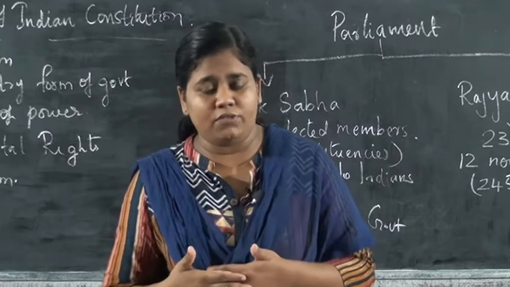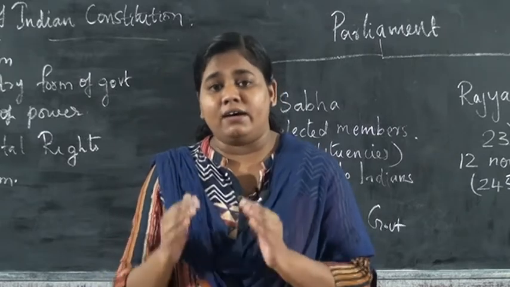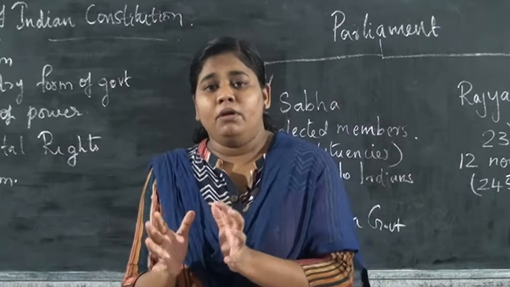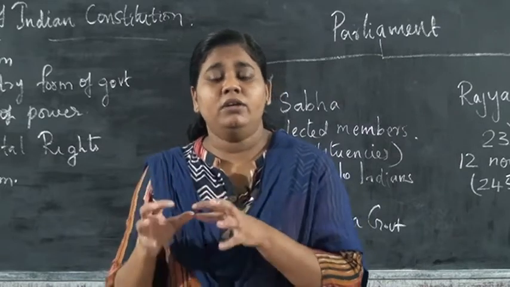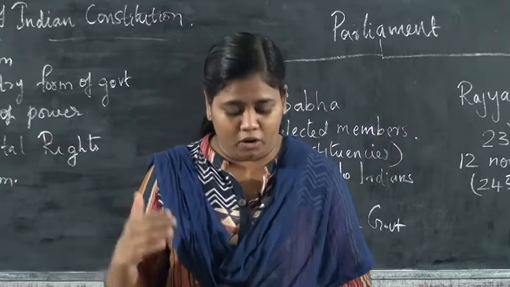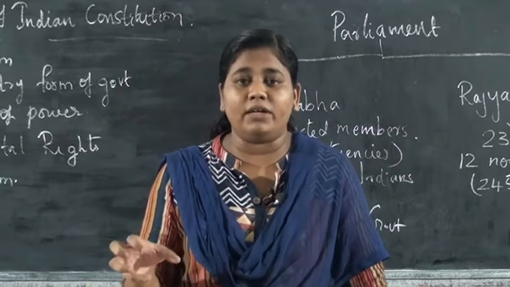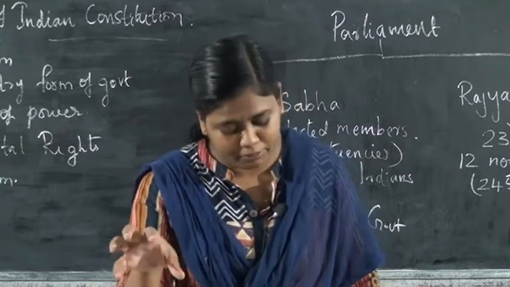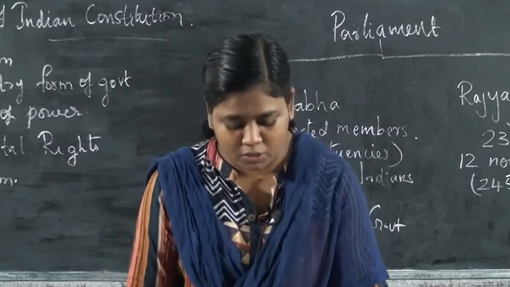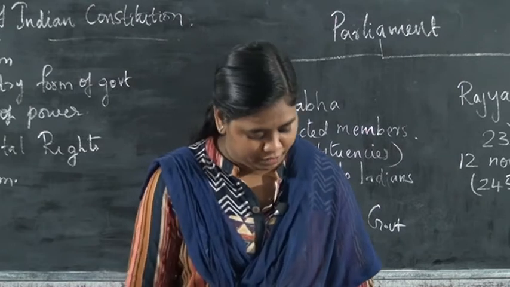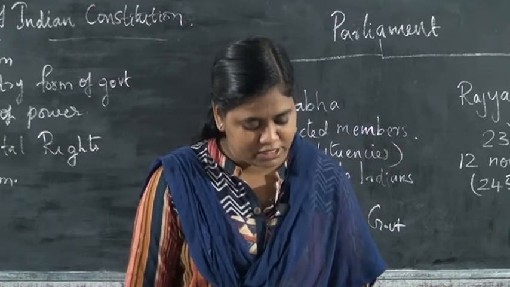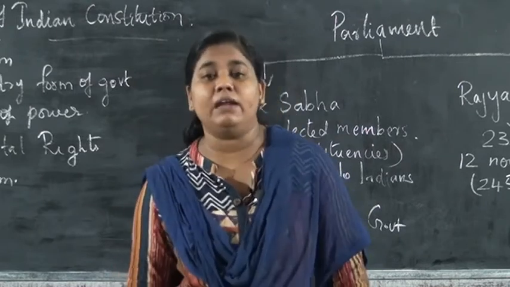After independence, Indians started making the constitution for India, and they clearly mentioned how the parliamentary system of government would function and what the role of the people in this parliament is. So take your textbook, page number 32, people and their representatives.